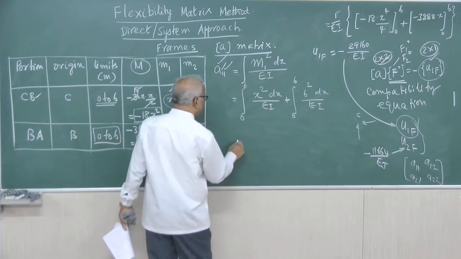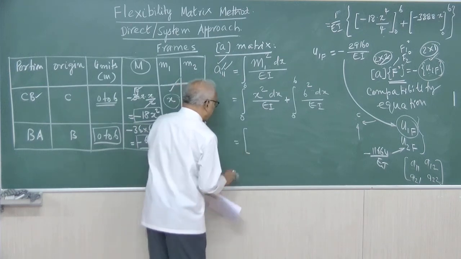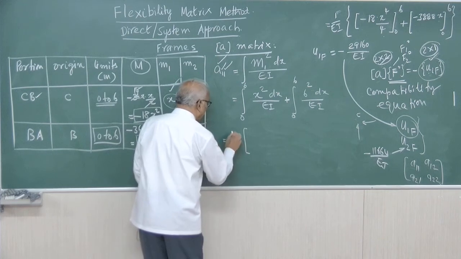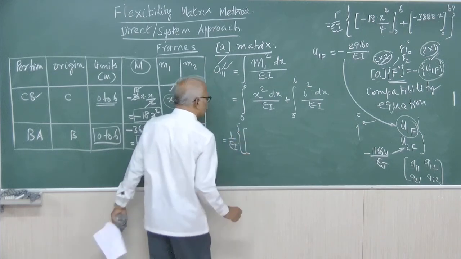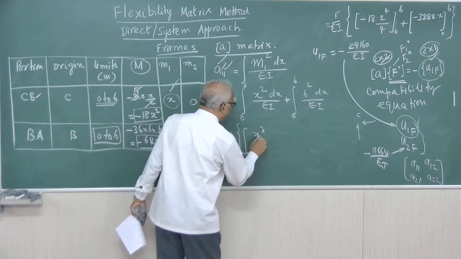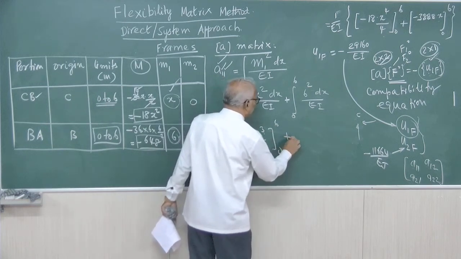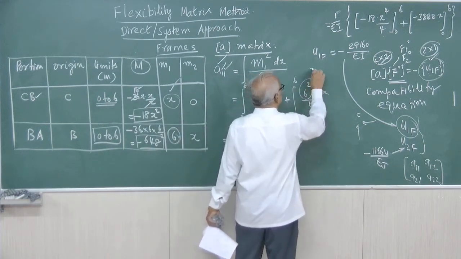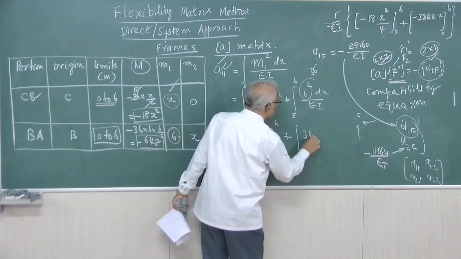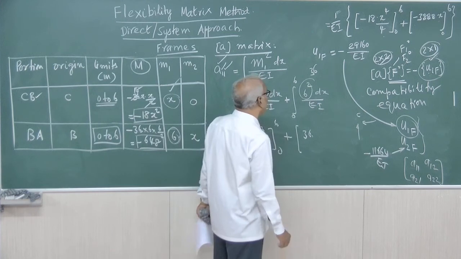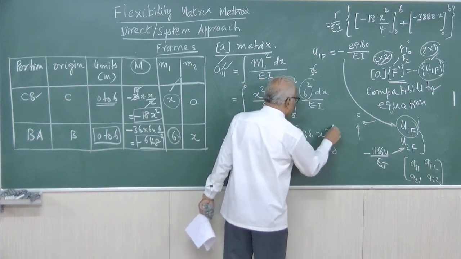We can take 1 by EI outside. For the first one, it is x cube by 3, limits 0 to 6, plus for the second one, the value is 36, which on integration becomes 36x, limits 0 to 6.